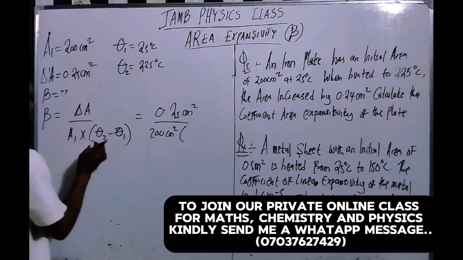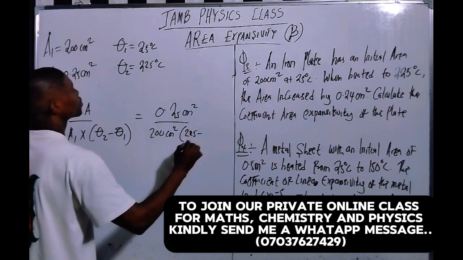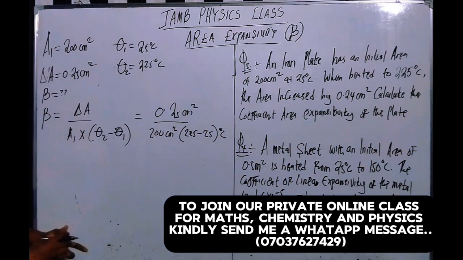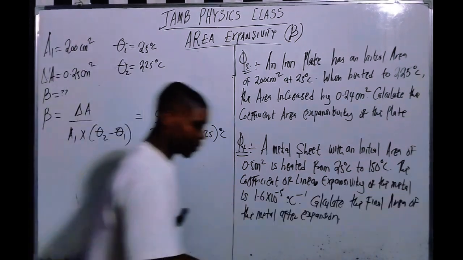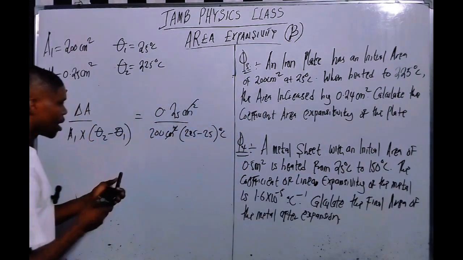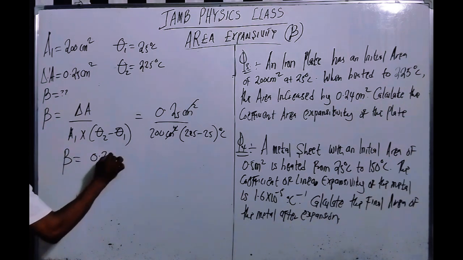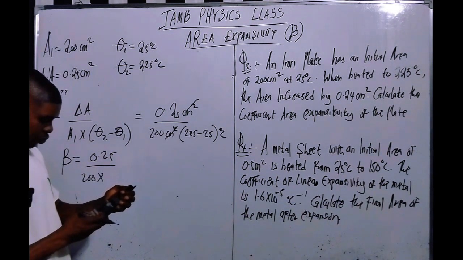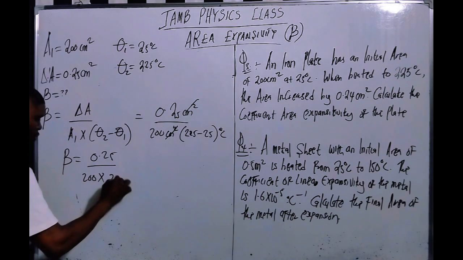So here we're going to have final temperature 225 minus 25. You see that? So we cancel out this one here. What will be left? We use our calculator to do it here. We have 0.25 over 200 times 225 minus 25, here we have 200, right?